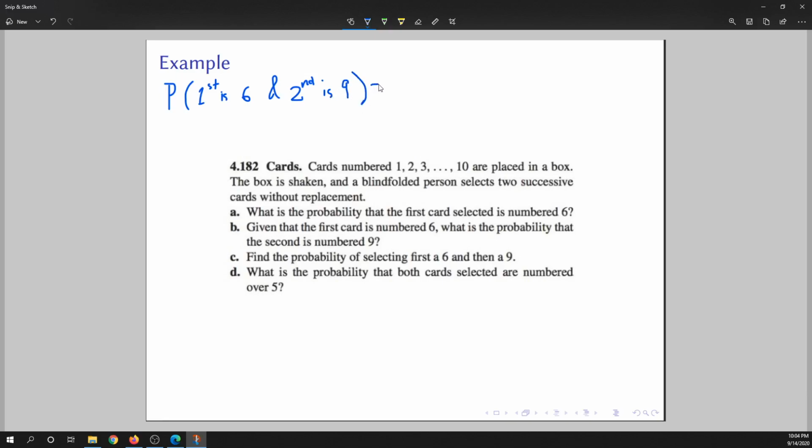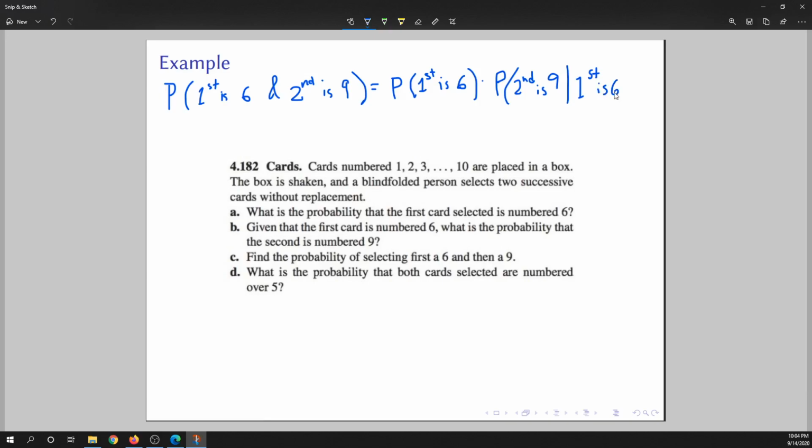Using the general multiplication rule, that would be equal to the probability that the first one is a 6 times the probability that the second one is a 9 given that the first one is a 6.